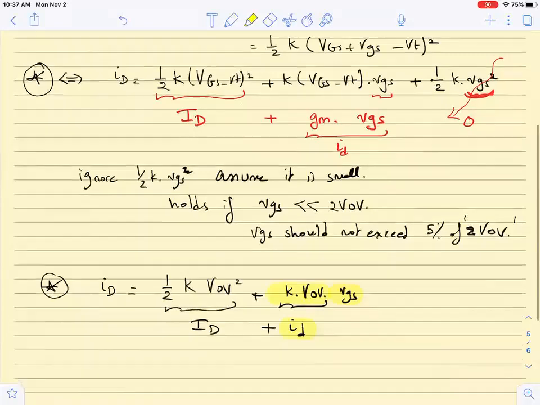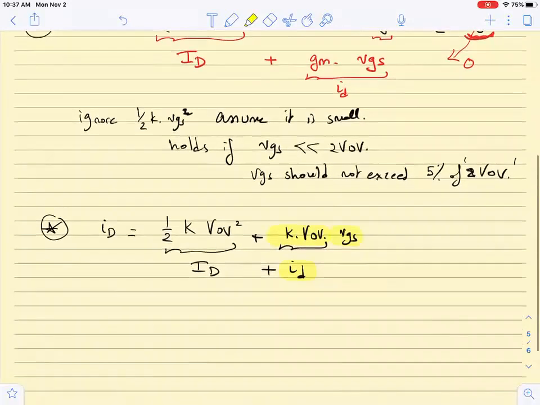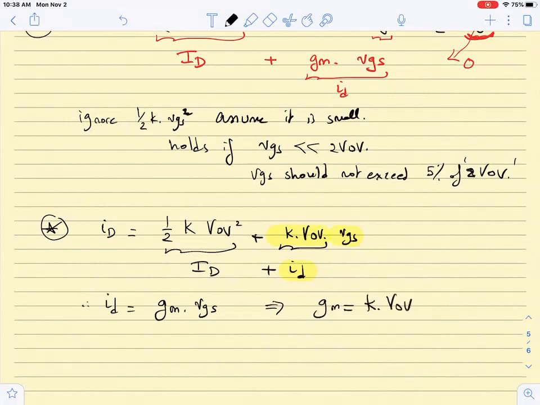So if I call the small signal current id, it equals gm times vgs, which gives that the gm I am searching for is K times VOV, where VOV is VGS at the bias point minus VT. Great. So now I know my small signal current.